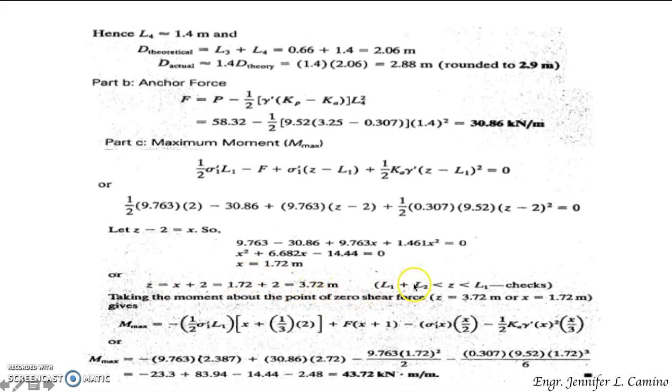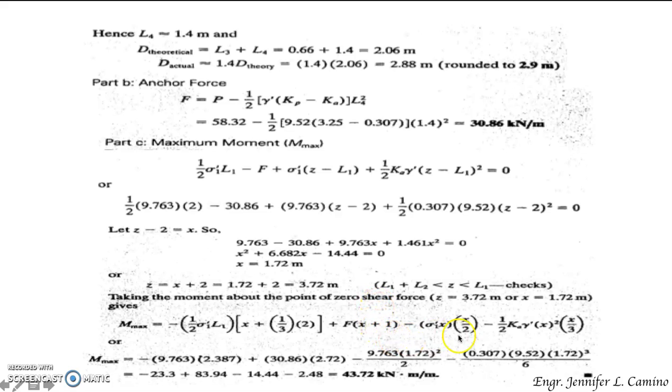And if we check, the 3.72 is in between L1 and L sub 2. So if you take the moment about the point of 0 shear, where our value for Z is 3.72 or X is 1.72, you can now have your maximum moment, meaning you get the area of the pressure diagram multiplied by the moment arm distance from the center of the area of the pressure diagram to the point of 0 shear.